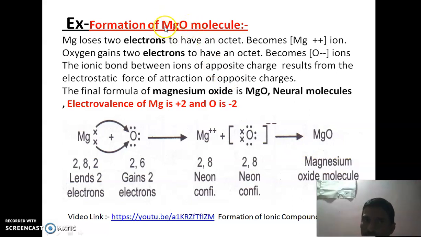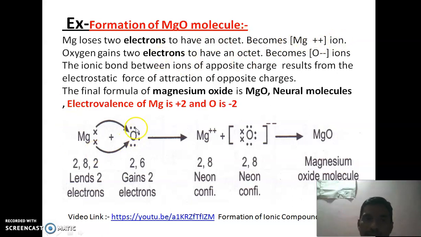The magnesium atom has atomic number 12 and electronic configuration 2,8,2, so its outermost orbit has 2 electrons, and it loses these 2 electrons easily. It becomes the Mg++ ion, a stable configuration 2,8, that is the neon configuration. Magnesium loses 2 electrons to have an octet and becomes Mg++.